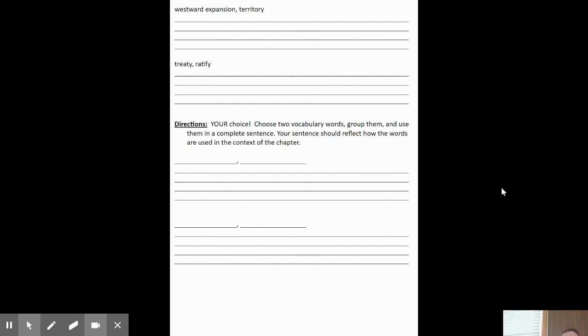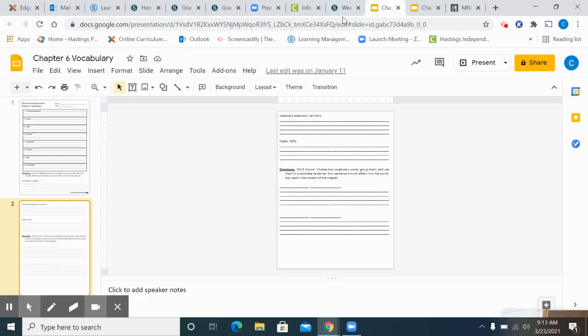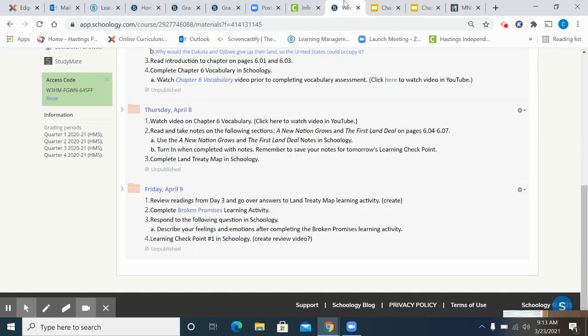So I'm going to stop right there in talking about the vocabulary, and I'm going to go back into Schoology and look at our next learning activity. Number 2 states: read and take notes on the following section. You're going to read A New Nation Grows and A First Land Deal on pages 6.04 through 6.07.